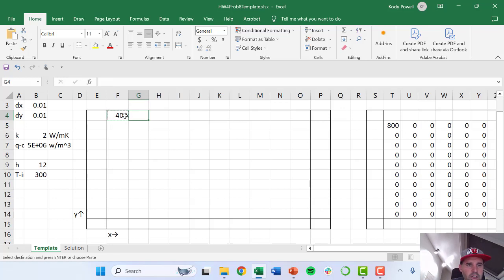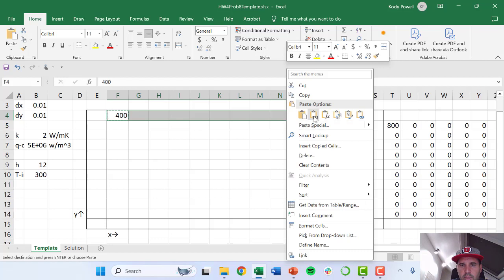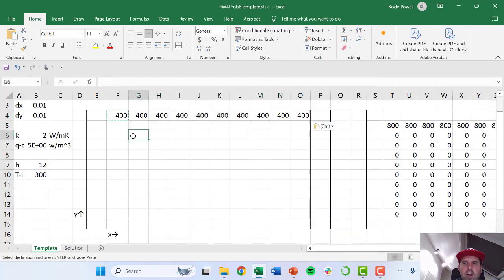So I'm going to go ahead and do a paste special here and paste all those values. So the top boundary condition is that at y equals 0.1 meters, my surface temperature is 400. And let's use 300 everywhere else.